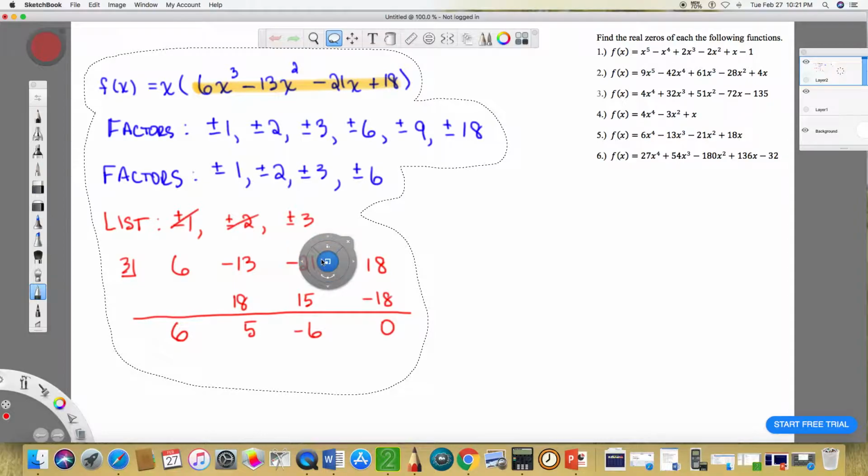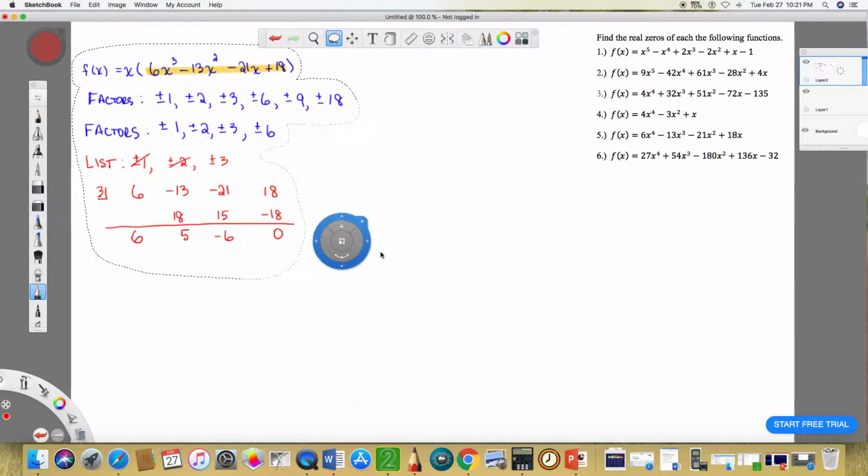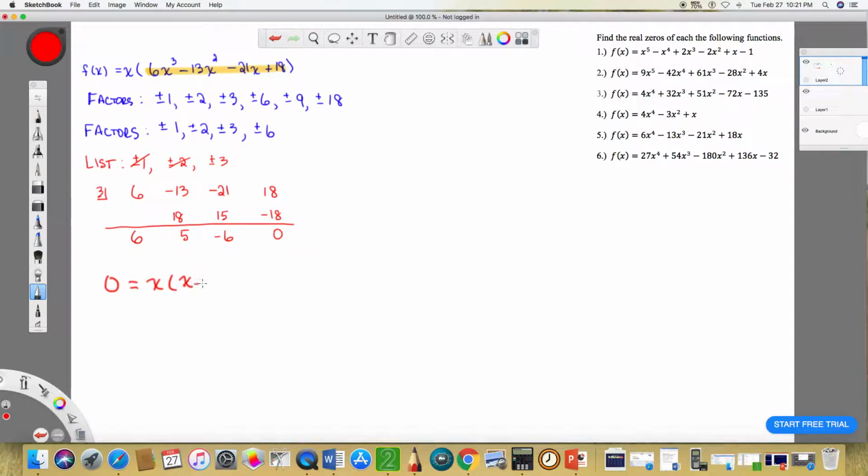I'm just going to shrink this up, give myself a little bit more room to work. So let's set this equation equal to 0. We got this factor of x. This 3 in factored form is written as x minus 3.